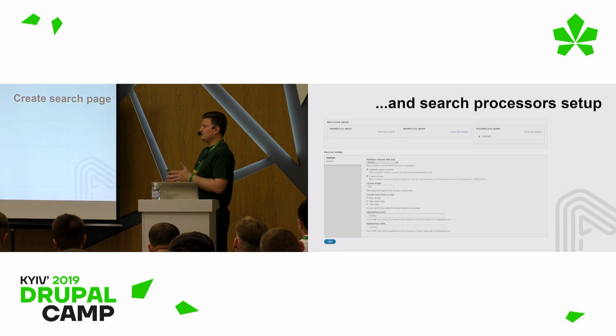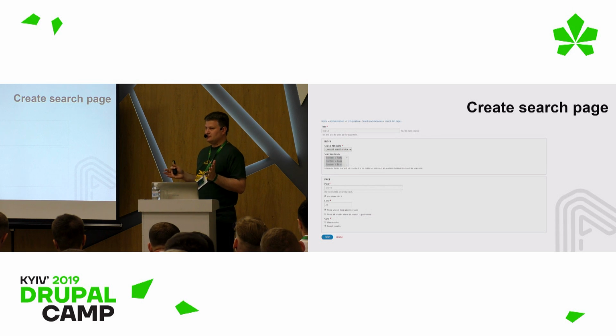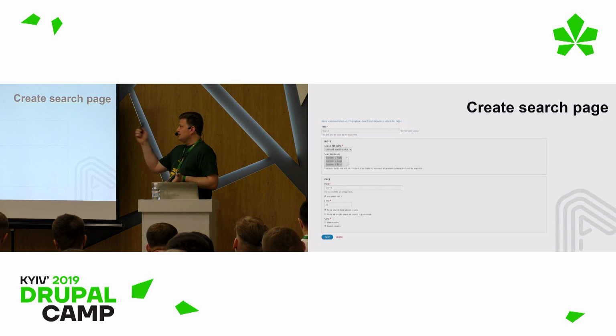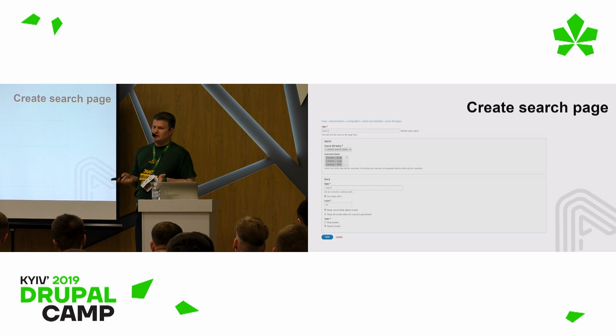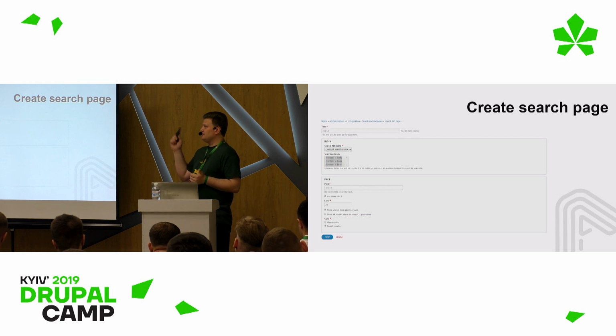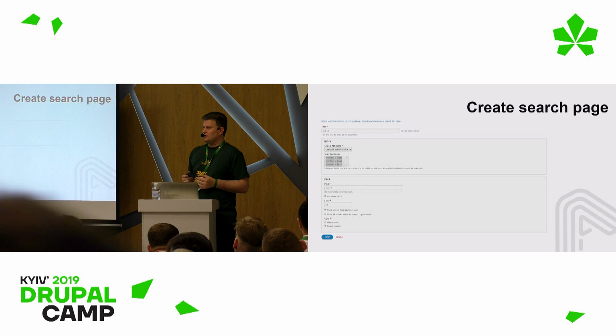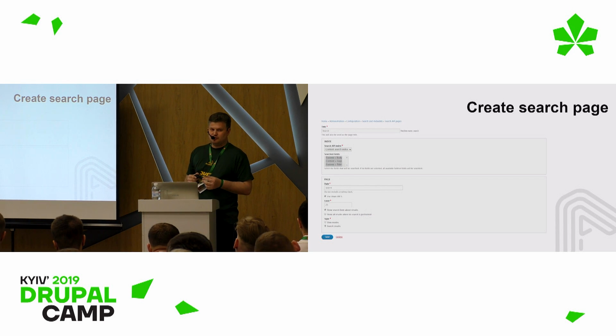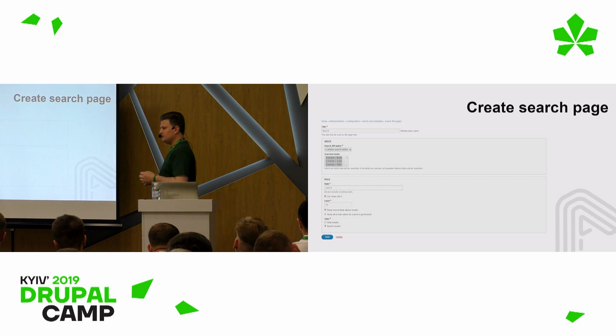We have a lot of solutions for working with data. It can be the search page module, it can be views solutions, it can be custom solutions based on custom code. But in our case, we check the solution based on the Search API page module. It's the simplest solution.